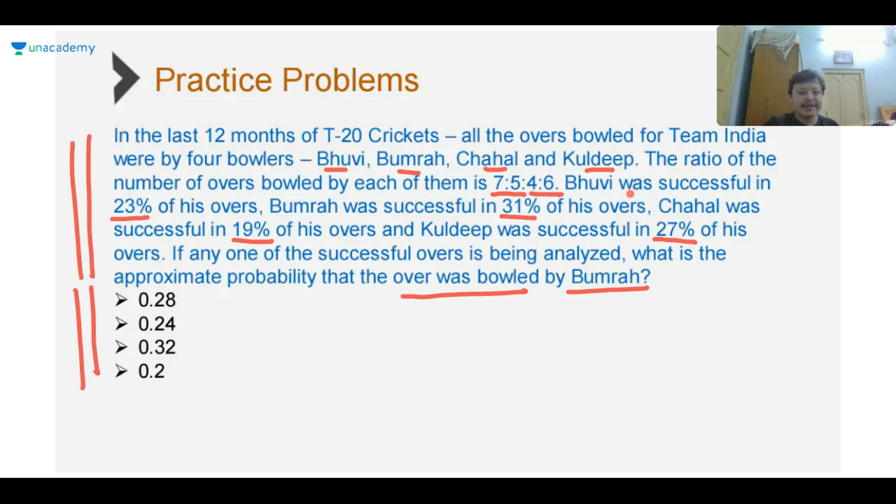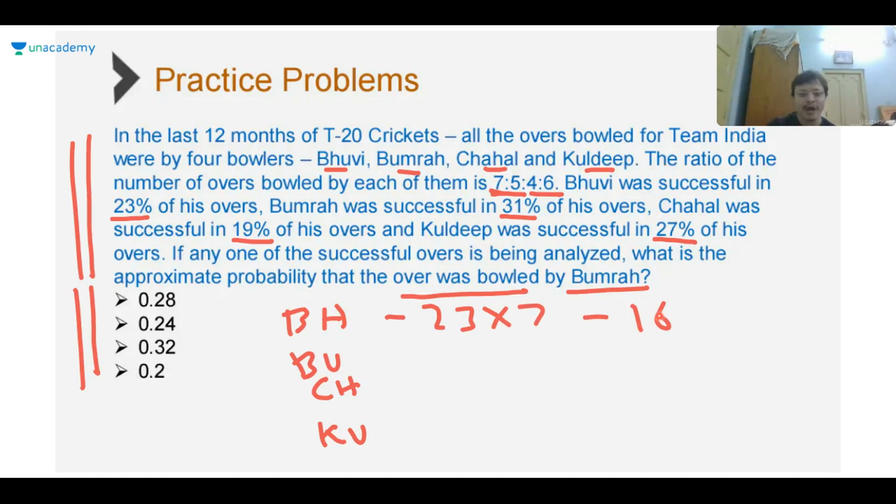Everybody has a particular success rate, that is 23%, 31%, 19%, 27%, and also a ratio of overs bowled. So what do we do? Simply, you take Bhuvi's weight, which is 7, and success is 23, so that is 23 into 7, which is 161.